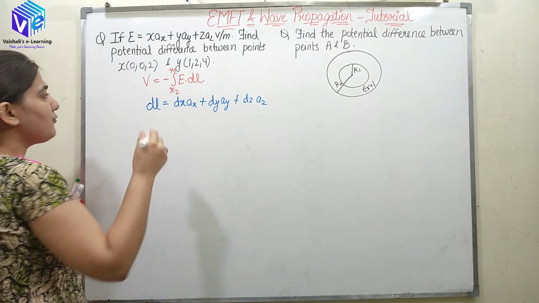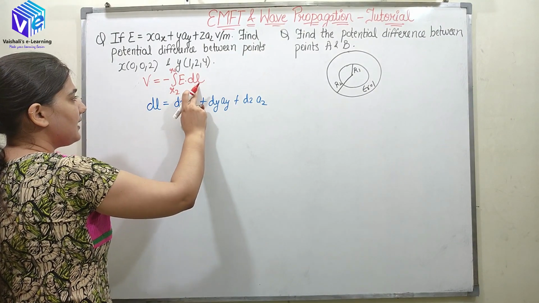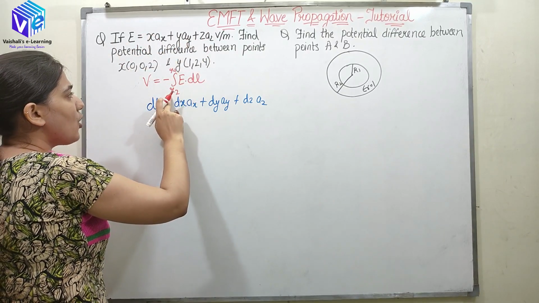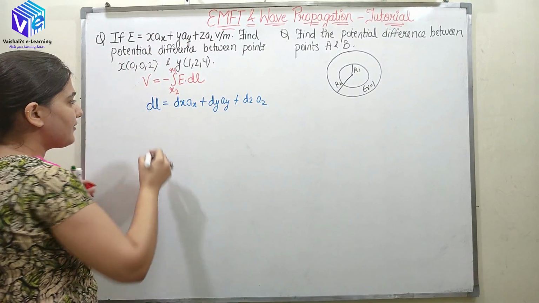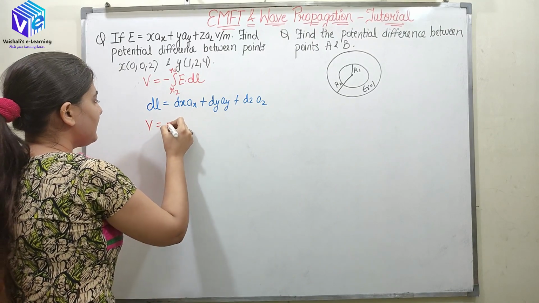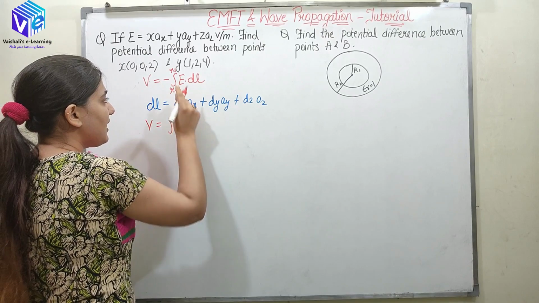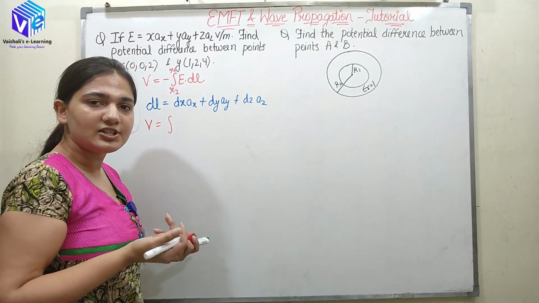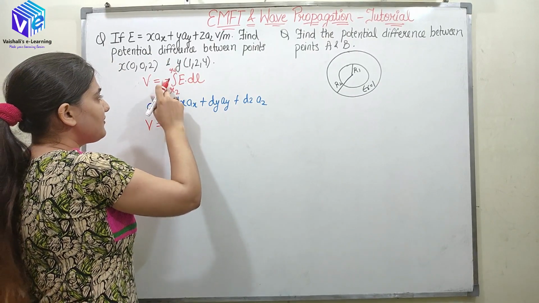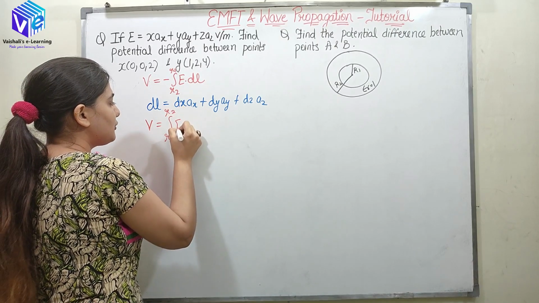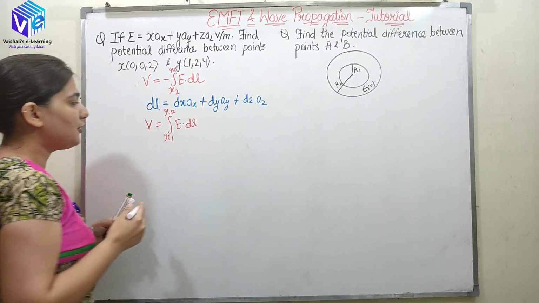Now I need to put this differential length in this formula. I know what is E, and I know what is R2 and R1. Alternatively, I can write V is equal to, if I remove this negative sign, I will be changing the integration limits. So when the negative sign is removed, I will have the limits from R1 to R2, and here I'll have E dot dl.